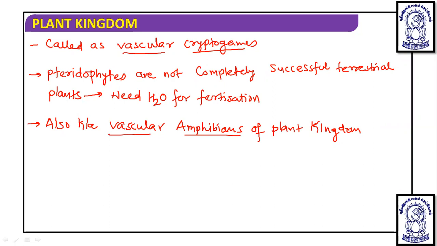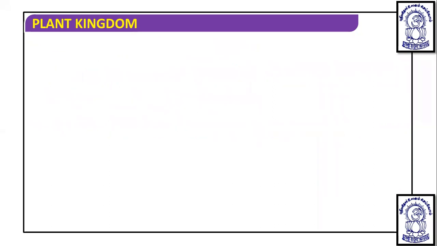Okay. So now, after this general characteristic, we are going to talk about the life cycle. If we talk about the life cycle of pteridophytes, we come to note down some of the characteristics. In the life cycle, we come to know that they have two stages: one is sporophyte and one is gametophyte.